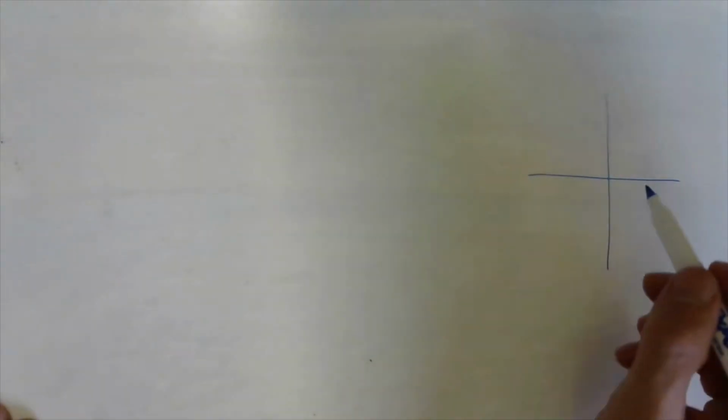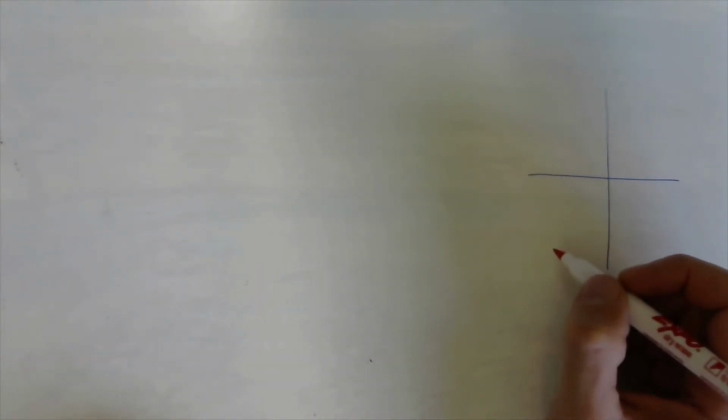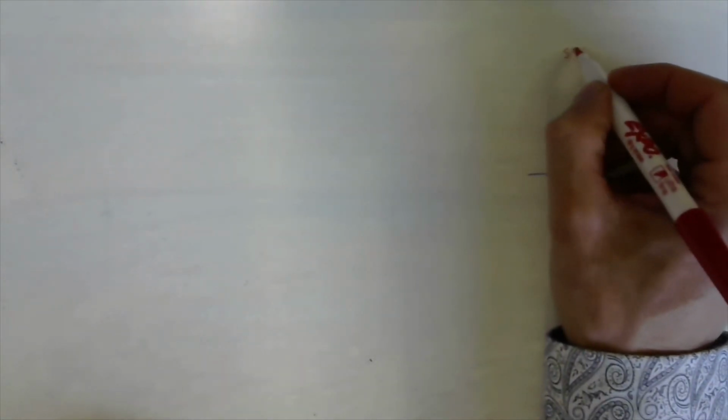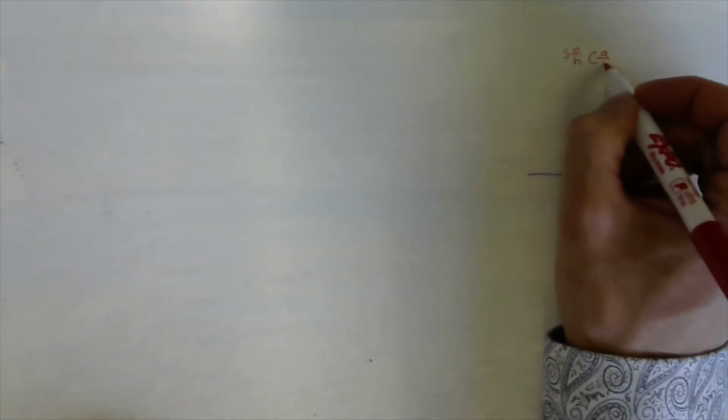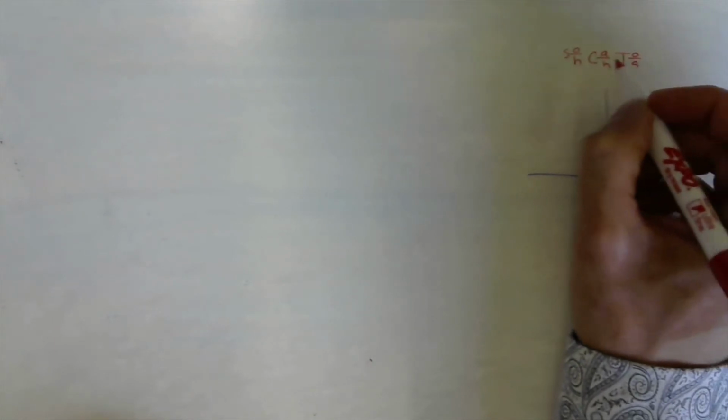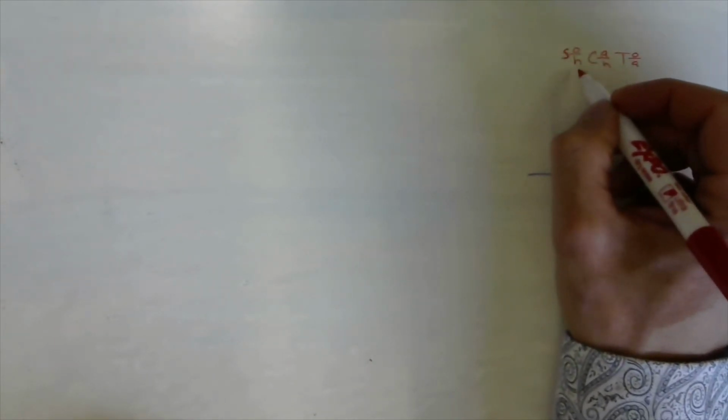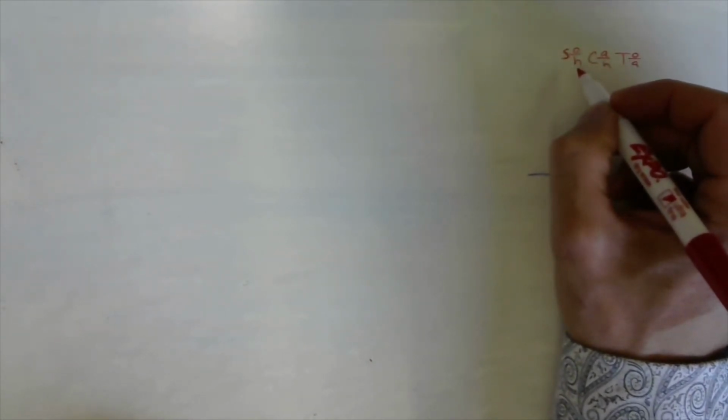So if I'm over here and I'm going to draw a little triangle that helps me, I know, in my SOHCAHTOA world, sine is opposite over hypotenuse.